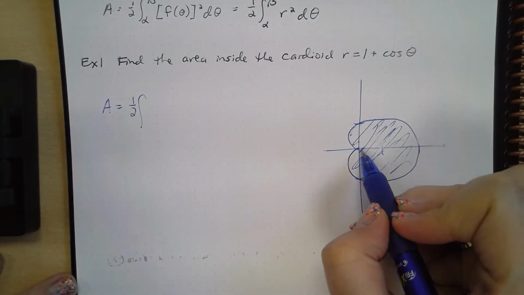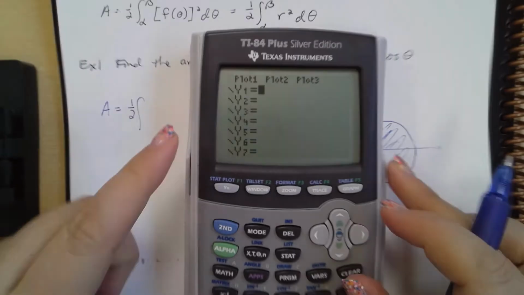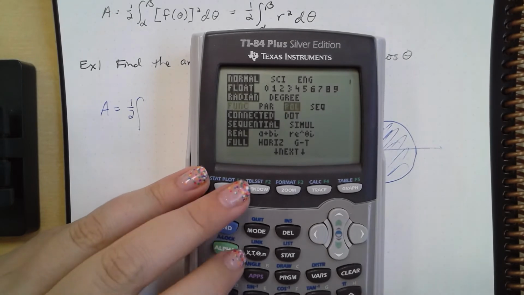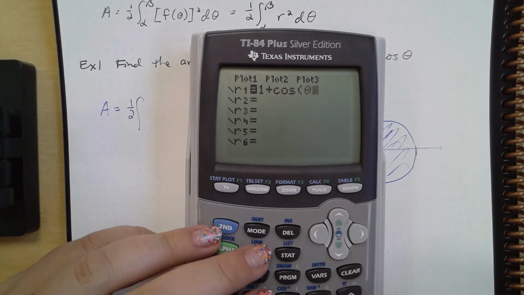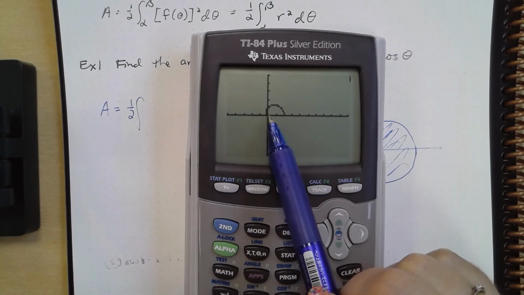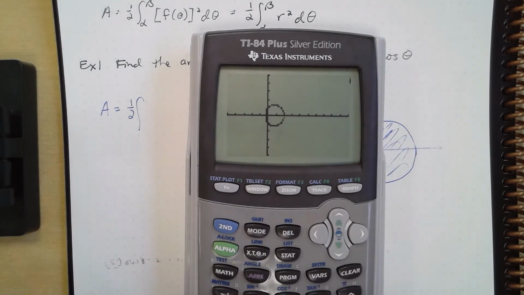Now, where does this start graphing? Let's go to my calculator here. Do I have it in the correct mode? I don't. Let's put it in the correct mode. 1 plus cosine theta. So you can see it started at 2, kind of at (2, 0) there, and then we loop around here.